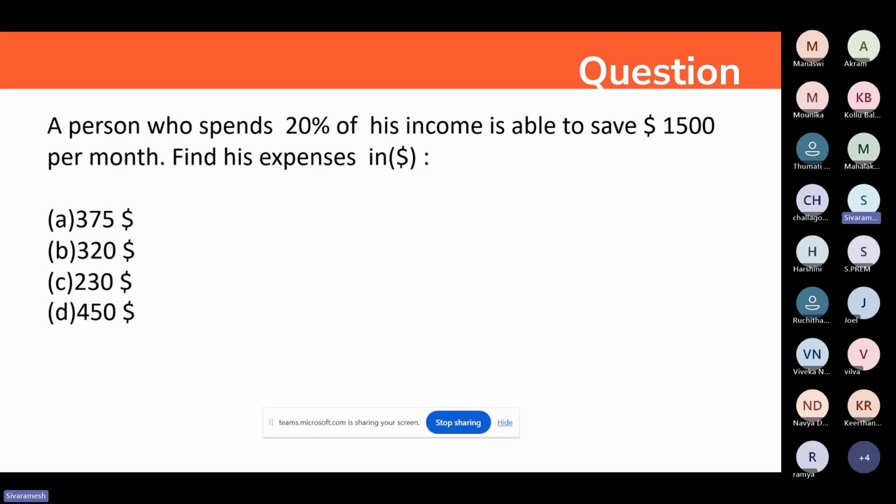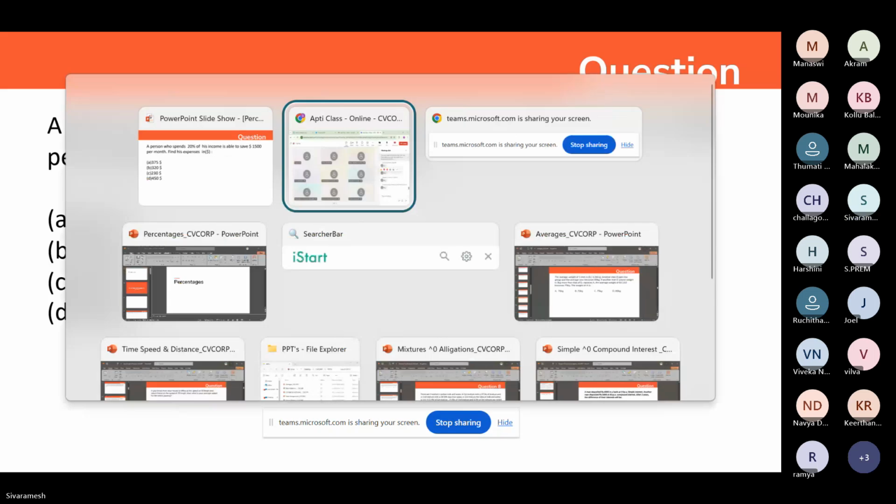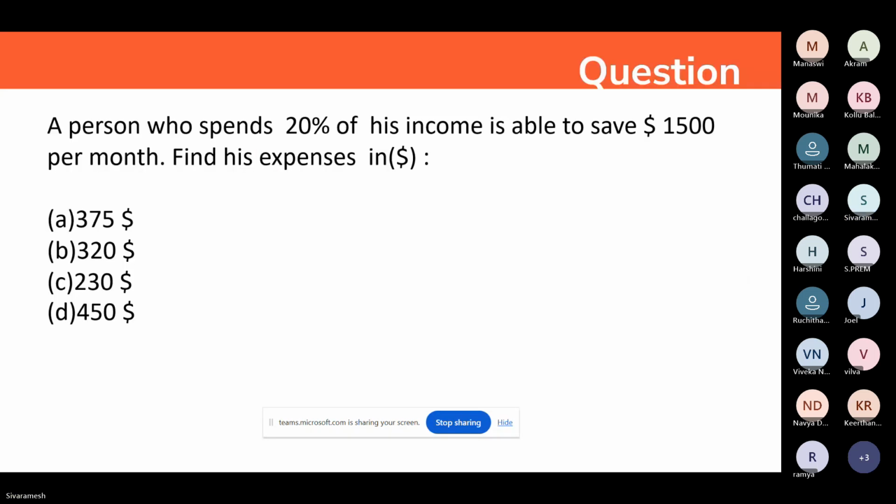This is based on expenses, incomes and savings. Did you get the answer for this? 375, sir.